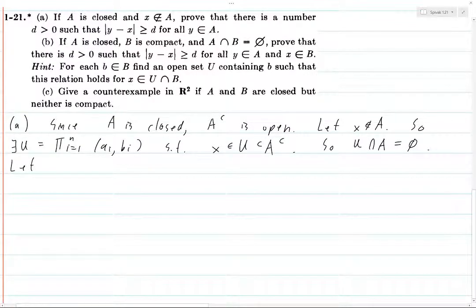Now we're going to let D be the minimum over i between 1 and n of the minimum of xi minus ai and bi minus xi.